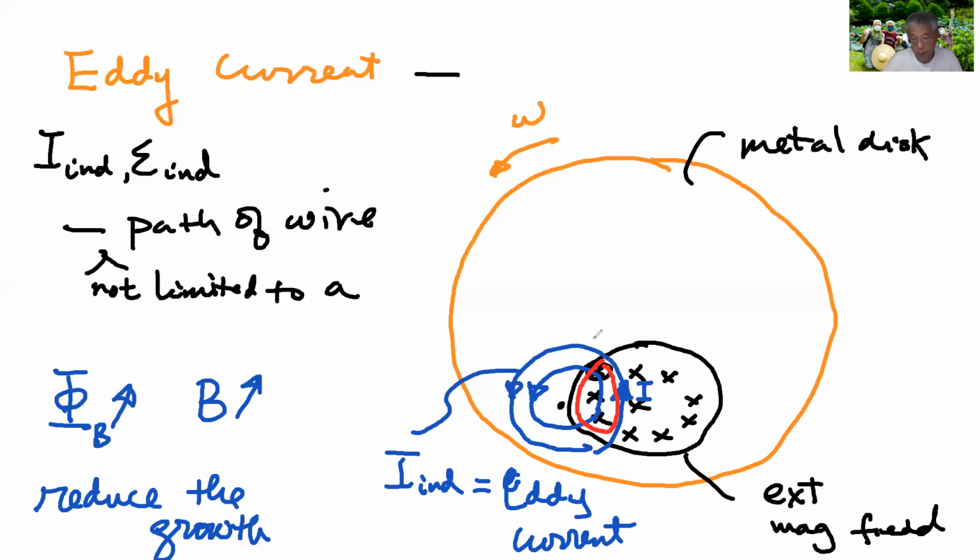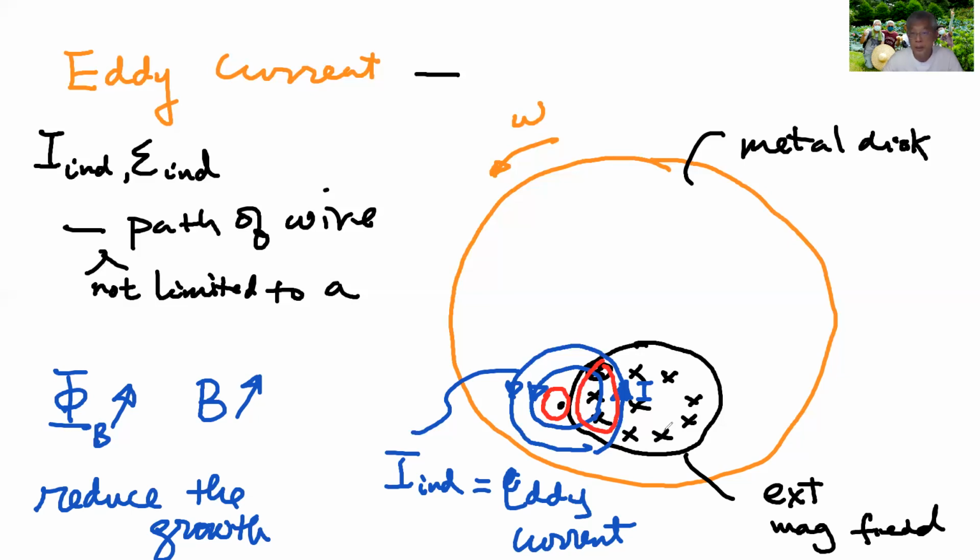So that the B field would not be increasing inside this area as it's coming in. As this part of the disk is trying to come in, it will grow this B and grow this magnetic flux. So that's why this current will be going this way.